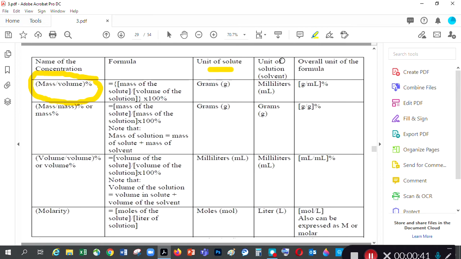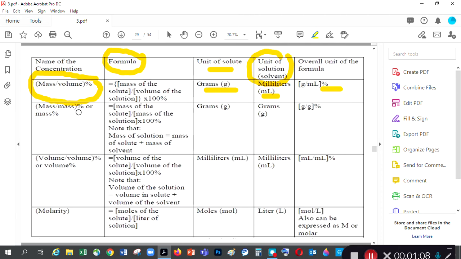This is the unit of the solvent, and this is the overall unit of the formula. What we are really interested in, this is very, very important, is the formula. So mass over the volume is mass of the solute in grams, by the way, in grams, and volume of the solution in milliliters. And then you multiply it by 100%.